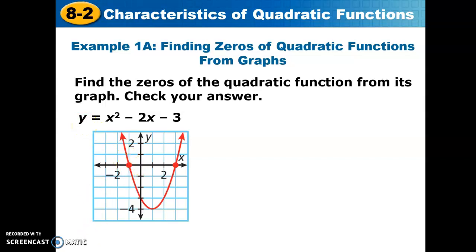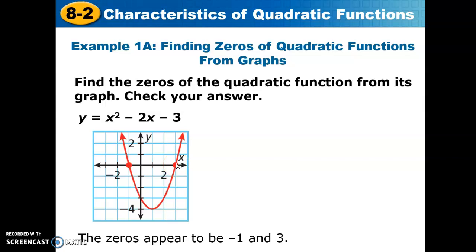The graph shows us that our parabola crosses over in two different spots here. So we're going to have 2 zeros to this function. The zeros appear to be -1, where one of the x values yields a 0 y value, and +3, where the other one also appears to yield a 0.